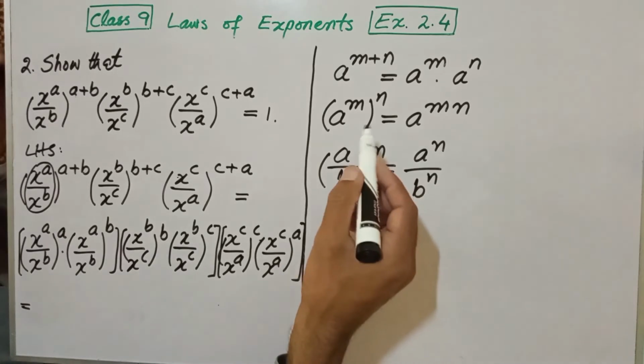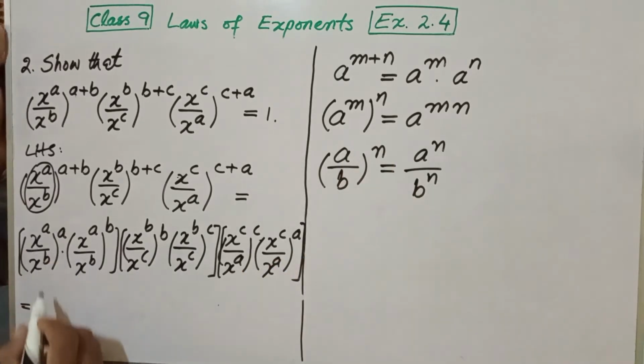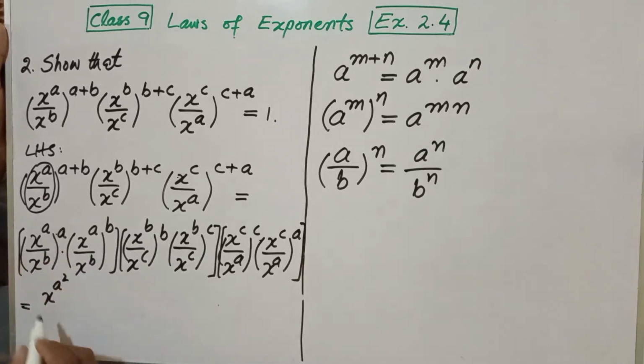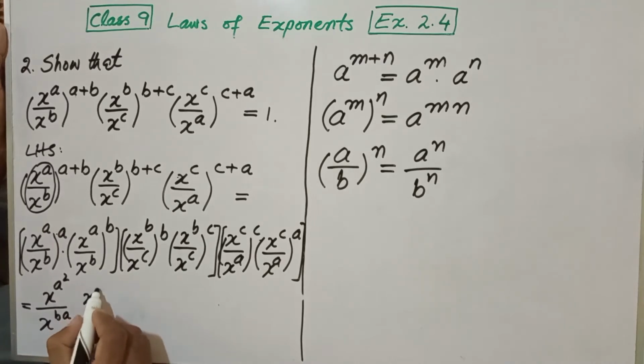So here we are using both properties at the same time. We can write x power a square and then x power b a or a b. Similarly here, x power a b divided by x b square.